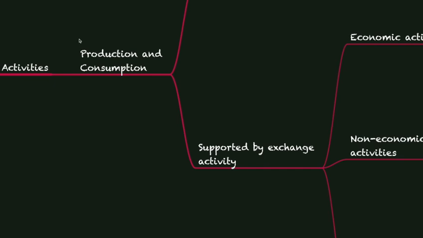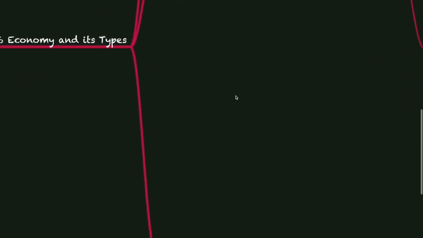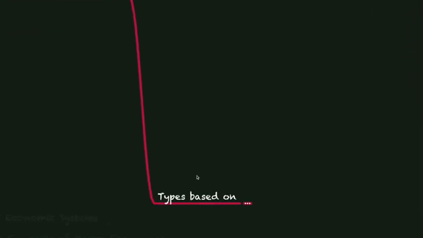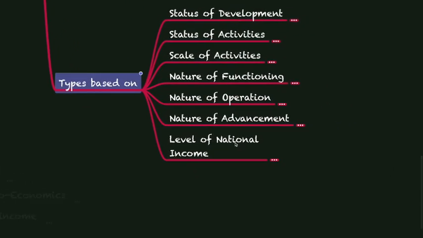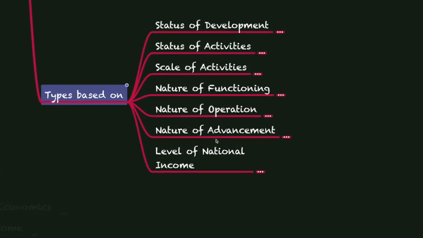Okay. So next we'll move on to the different types based on these different activities. These are the 7 major types of economy based on status of development, status of activities, scale of activities, nature of functioning, operation, advancement, and finally level of national income.